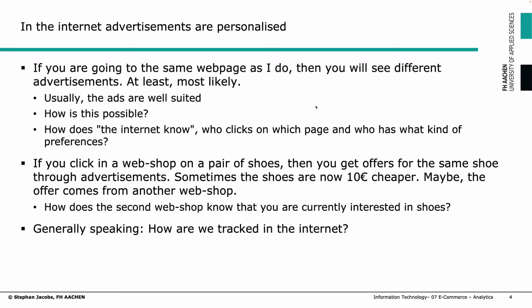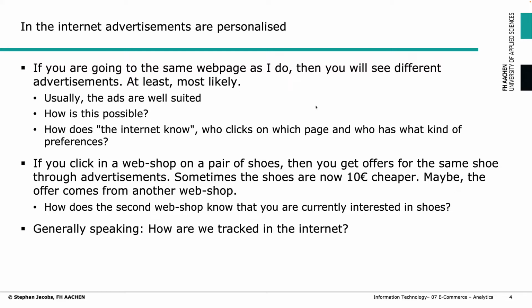Maybe you have even experienced a situation like the following. You are looking, for example, for a pair of shoes in a web shop. So you're going around, clicking on this web page, on another web page, having a look at the front and the price, and suddenly you decide not to buy them.